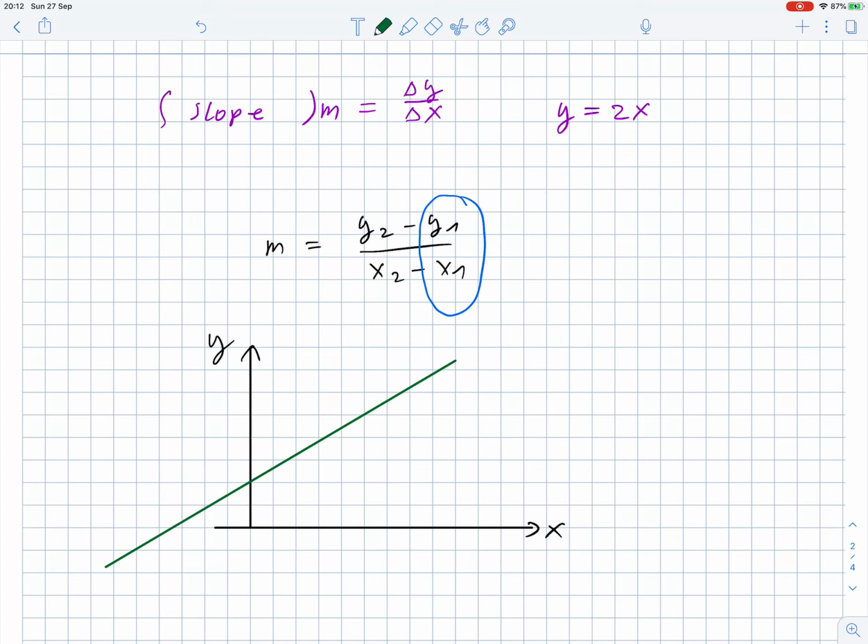Of course you can take any point that belongs to this linear function and call it a fixed point, which means it's your reference point that will not move, and you can call it x0 and y0.